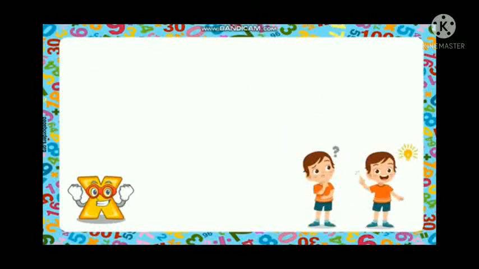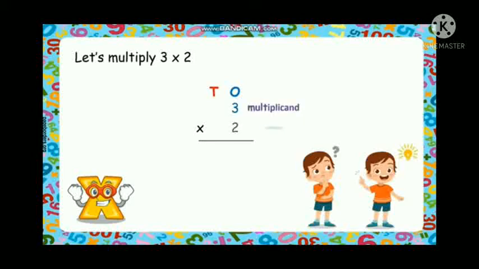Next example is 3 multiply 2. First step, we will arrange them vertically, TO. They have a one place digit. So 3 multiply 2. Now here 3 is the multiplicand, 2 is the multiplier. What is the step?